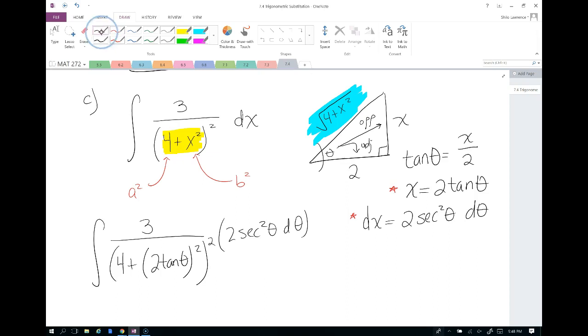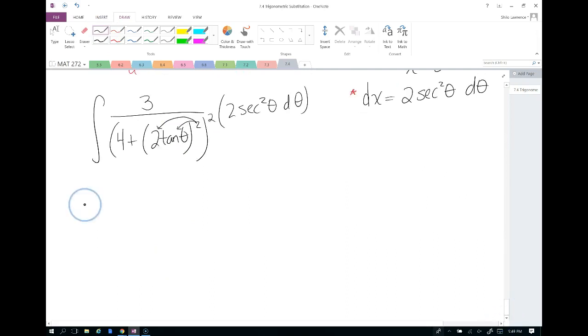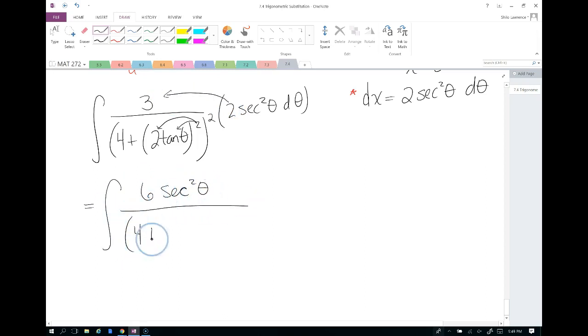I'm going to go ahead and distribute my tangent here. There's no addition or subtraction inside those inner parentheses, so we can go ahead and distribute that. And I'm going to go ahead and put this in my numerator. So I've got 6 secant squared theta over 4 plus 4 tan squared theta, all squared, d theta.